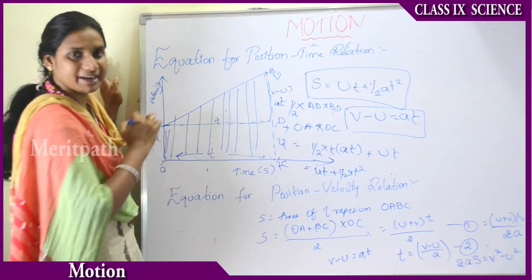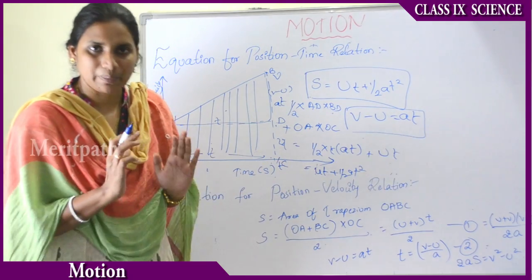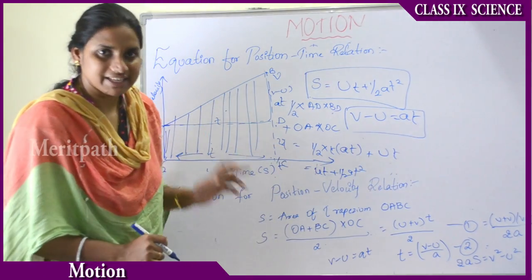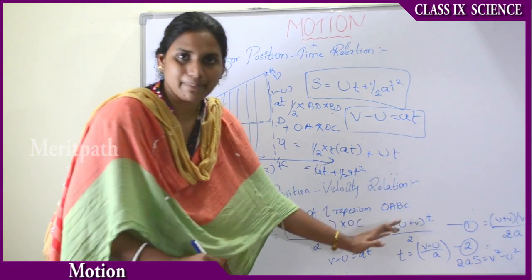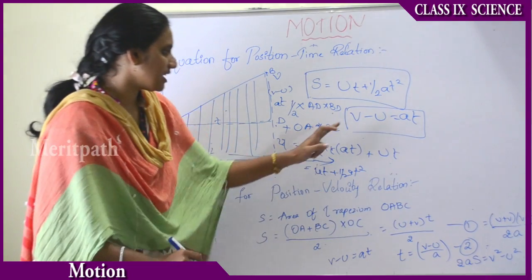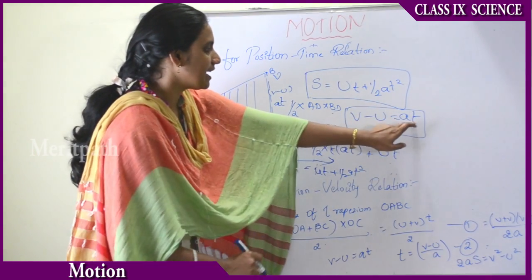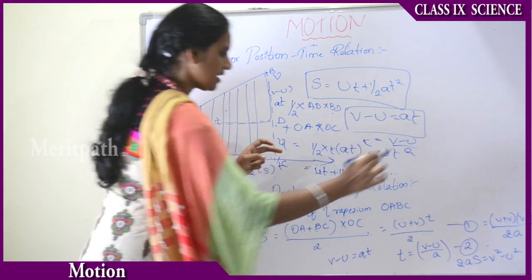Then OA plus BC equals U plus V, and OC is the time taken to travel the distance. Therefore we have U plus V into T by 2, but we have learned from the first relation, the velocity time relation, that T is equal to V minus U by A.